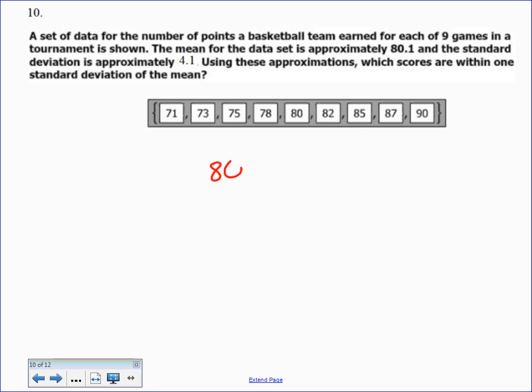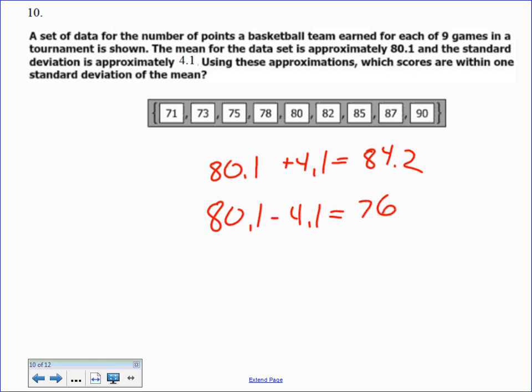So within 1 standard deviation, the mean is either 80.1 plus 4.1, which is 84.2, or 80.1 minus 4.1, which is 76. So any value between 84.2 and 76 is within 1 standard deviation of the mean. That's those 3.